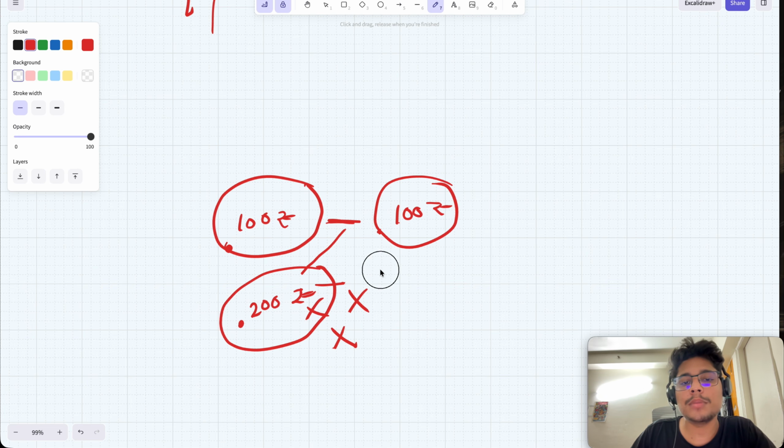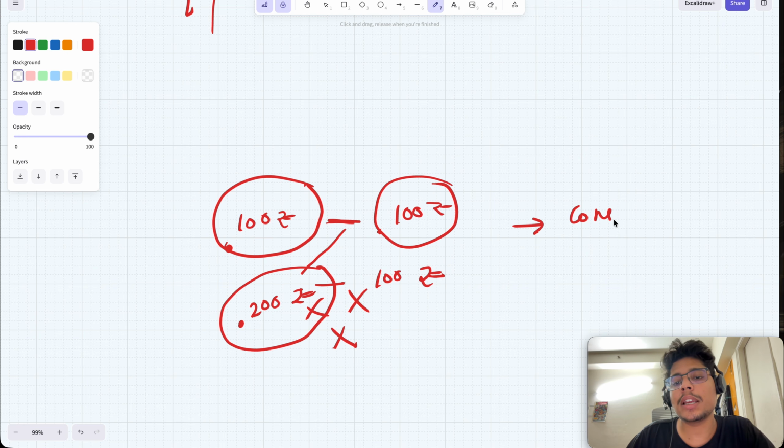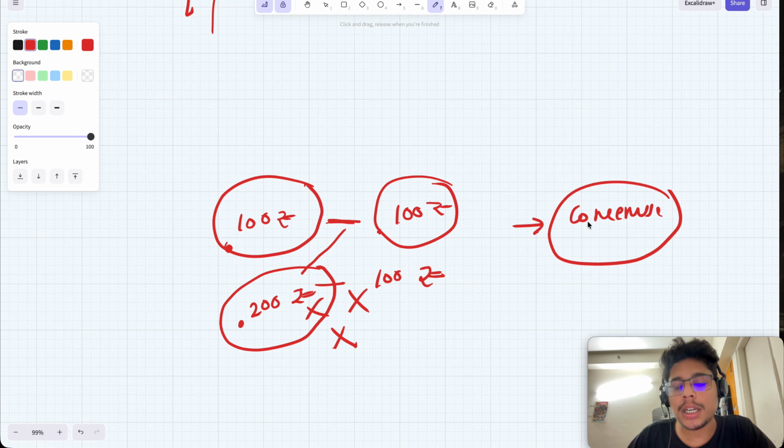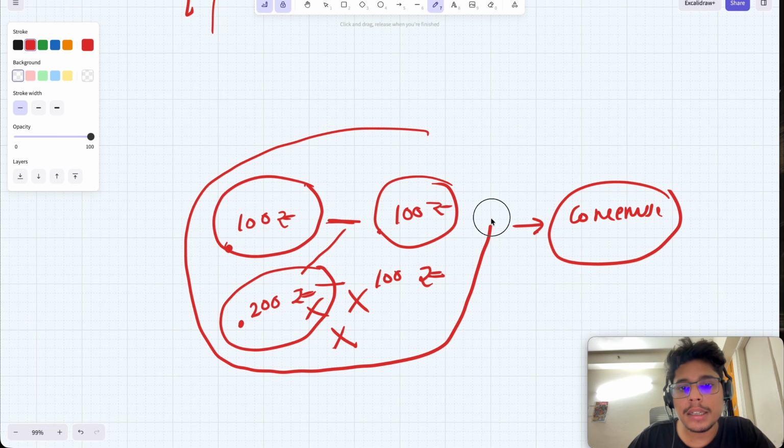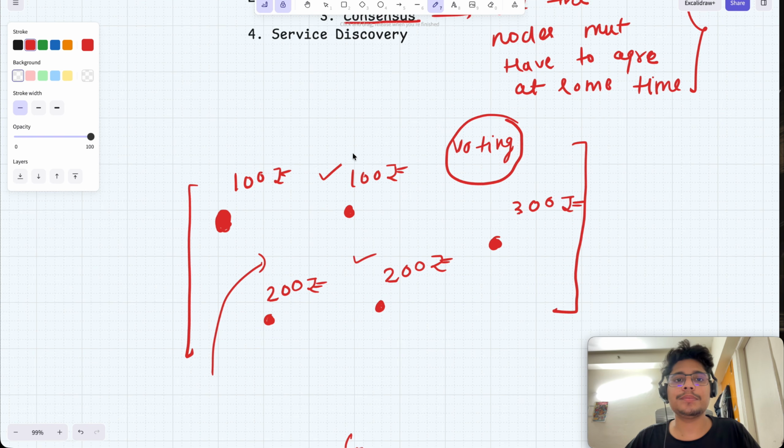So it updates itself to 100 rupees. So this is consensus. Every node must mutually agree or commit before performing the action, and they have to maintain consistency. So this is called consensus.